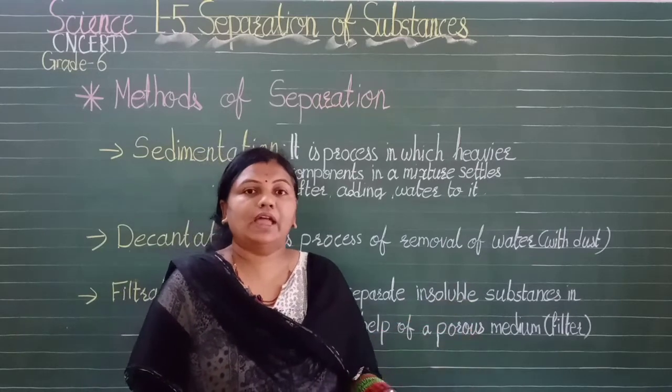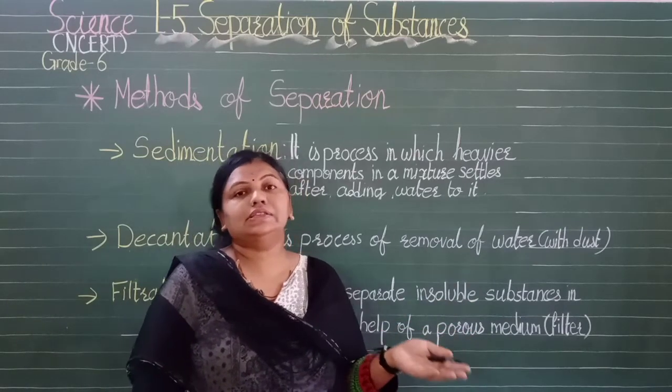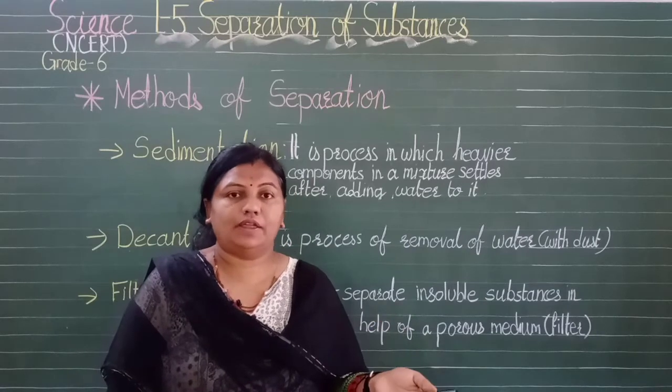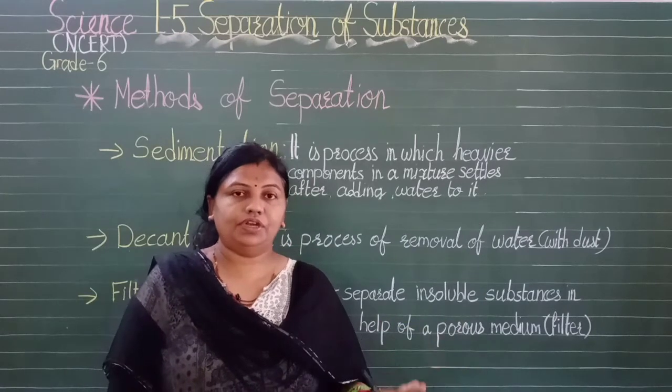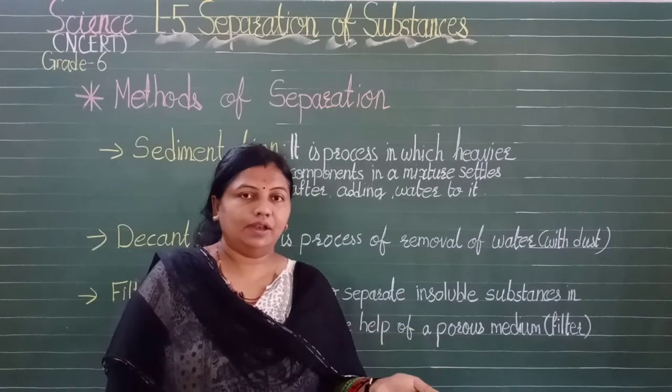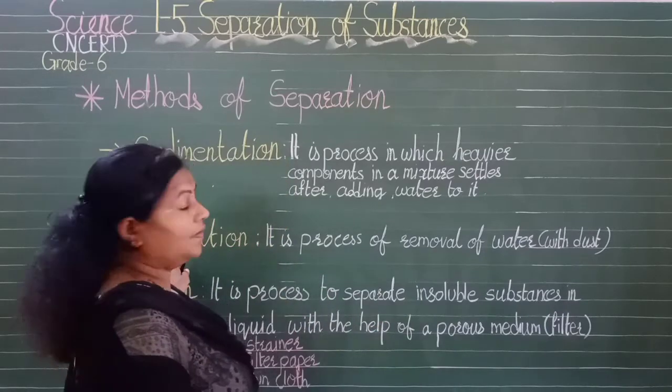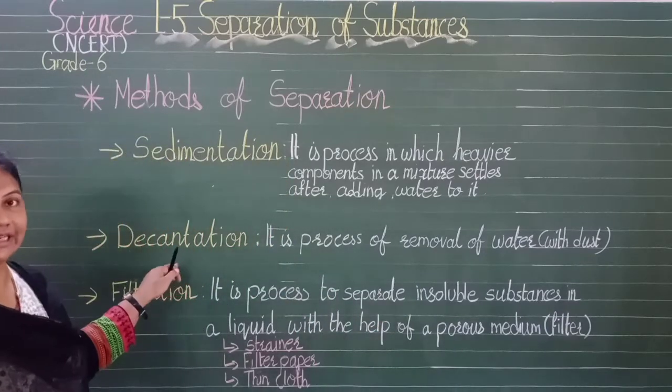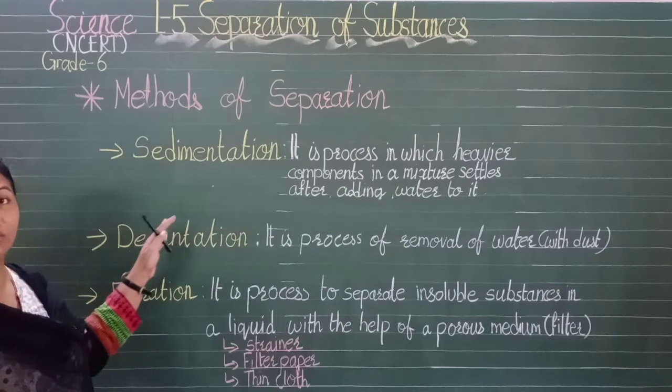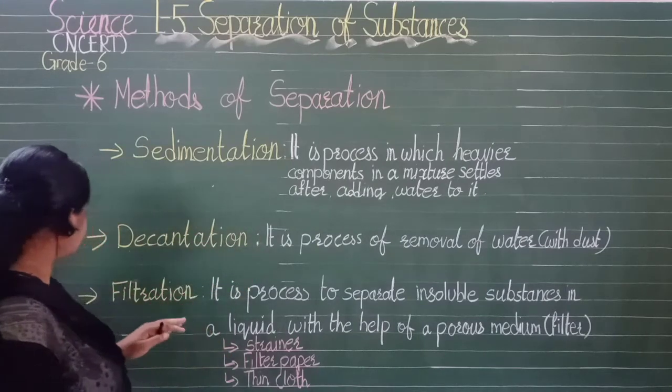When we prepare dal and rice, always it is washed before cooking, so that whatever impurities are there are removed. That kind of process is known as decantation. It is used in our daily life.